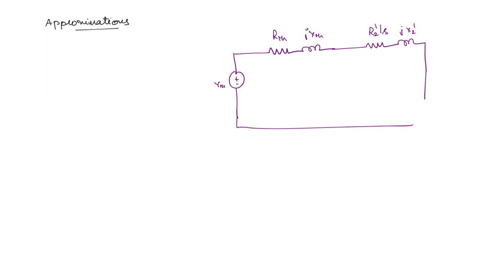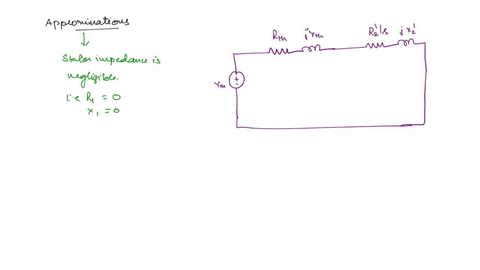Now if we assume the stator impedance to be negligible, the approximation is that stator impedance is negligible. Okay, that means R1 is equal to 0 and X1 is also equal to 0.